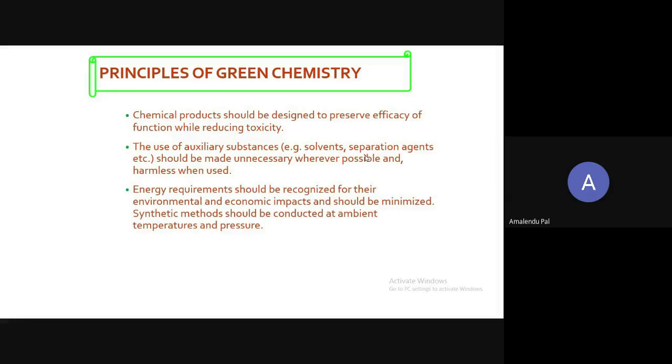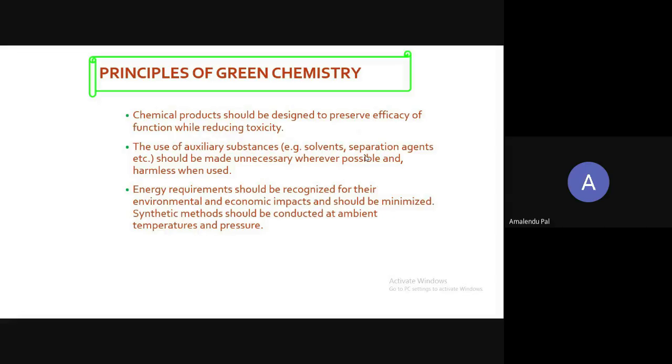Chemical products should be designed to preserve efficacy of function while reducing toxicity. That means we have to use chemical products that will function only and reduce the toxicity.